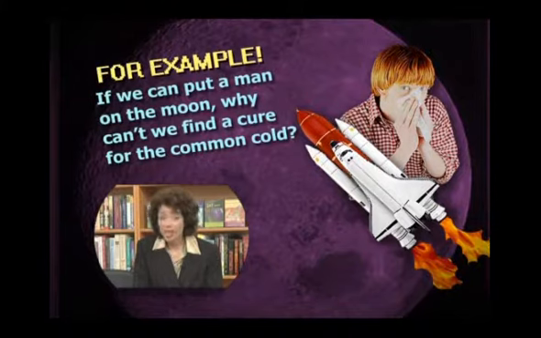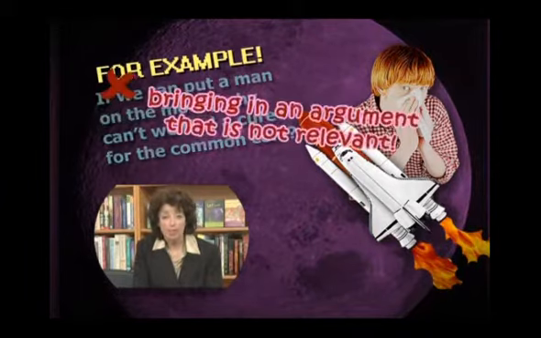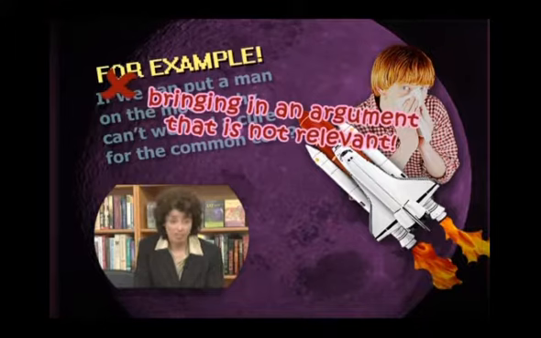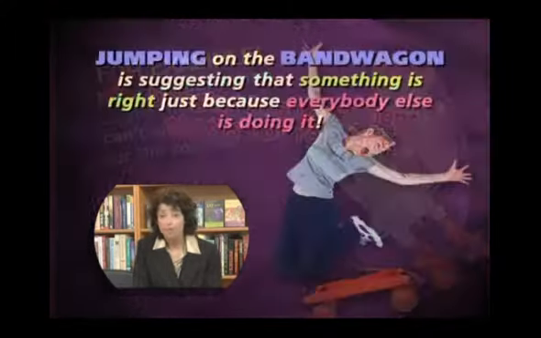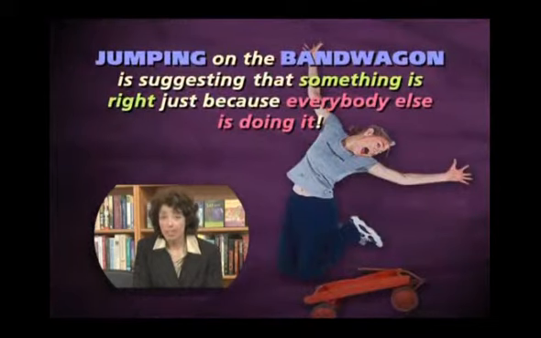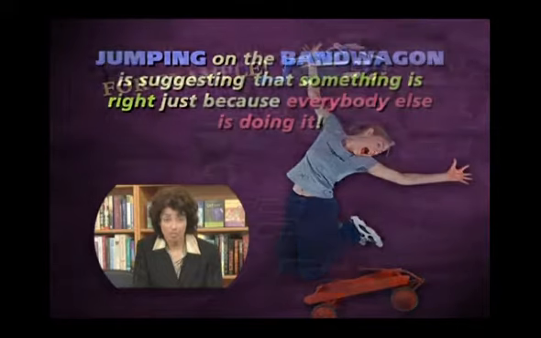Well, putting a man on the moon has nothing whatsoever to do with the common cold. They are not at all related. And by linking them, you are bringing in an argument that is not relevant, and therefore you're committing an error in logic. Jumping on the bandwagon is suggesting that something is right just because everybody else is doing it.